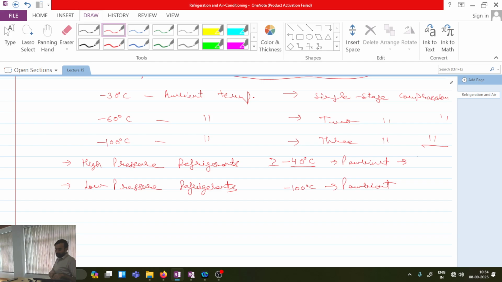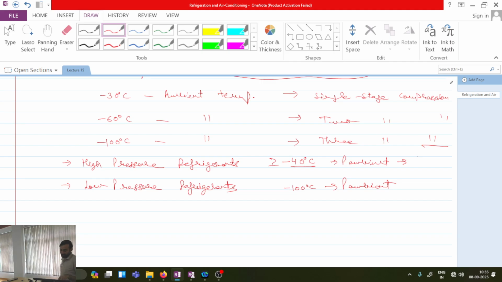If the boiling point of a refrigerant is minus 40 degrees Celsius at ambient pressure and the evaporator using this refrigerant is to be operated at minus 20 degrees Celsius, it means the boiling point has to be raised. In order to raise the boiling point, you have to increase the pressure. So the evaporator of this type of refrigerant will always operate at a pressure above the ambient pressure. That's why we call these high pressure refrigerants.